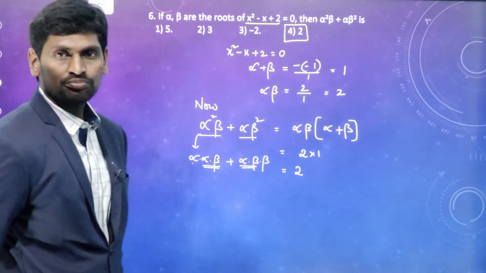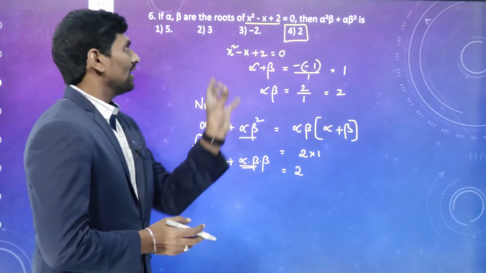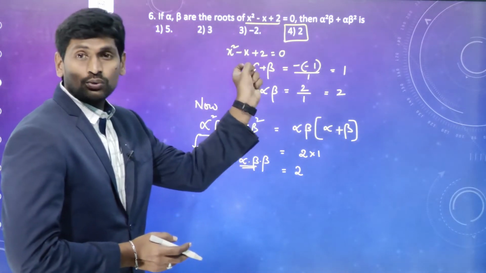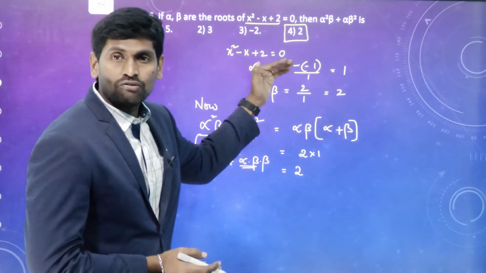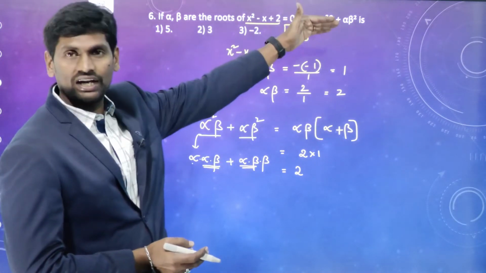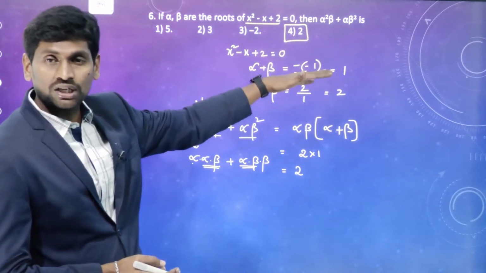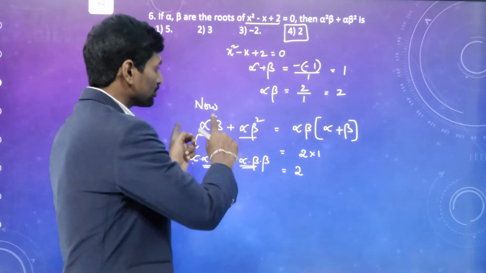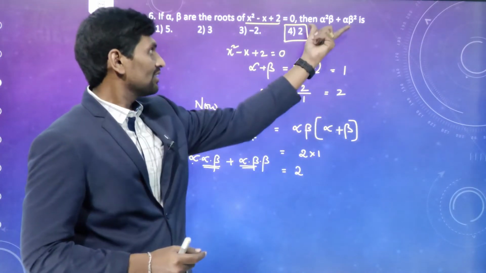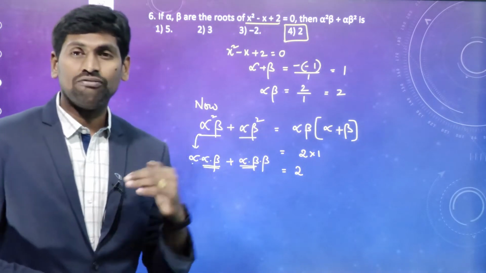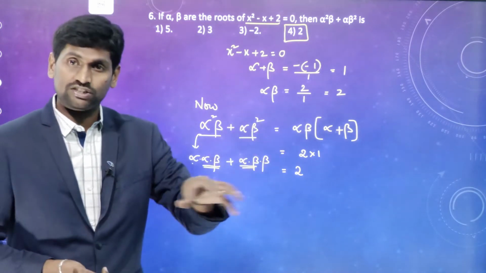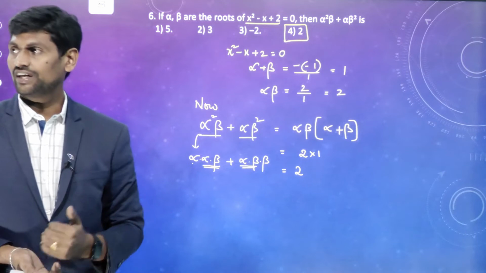Okay? So I have just taken the given quadratic equation and found the sum of roots and product of roots, and you need to substitute the sum and product of roots values in the given condition. What is the condition? Alpha square beta plus alpha beta square. Okay? Right.